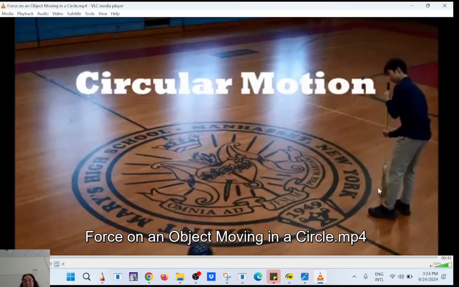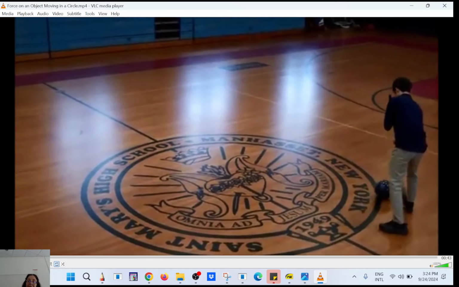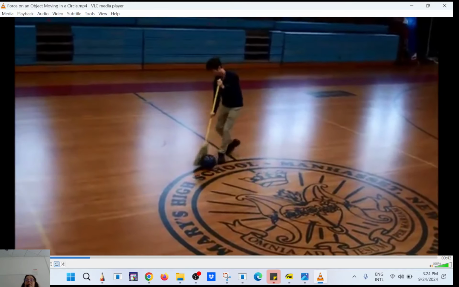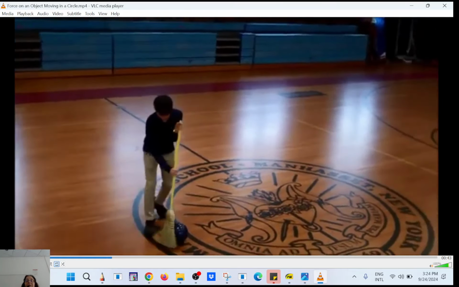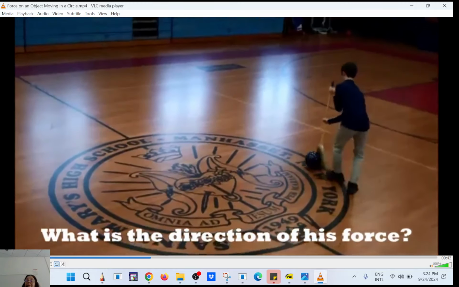So here, that will be the force applied, and that will be the circular path. If you have a bowling ball and there is no friction, the bowling ball wants to keep moving in the same direction at the same speed along a straight line forever after. So where is the force? He has to apply a force toward the center.